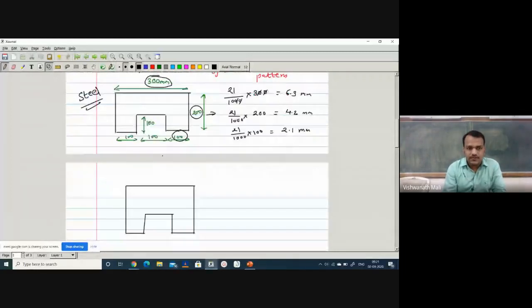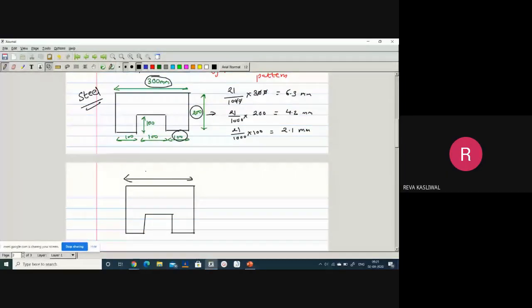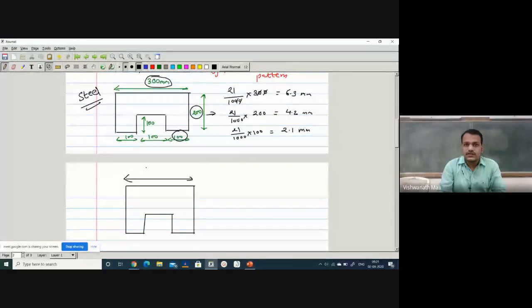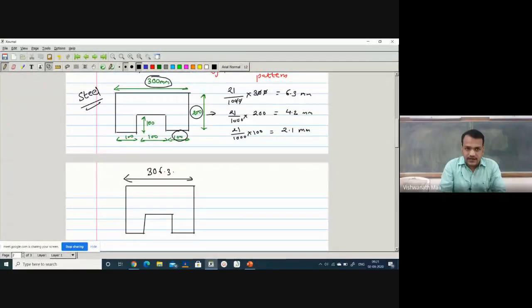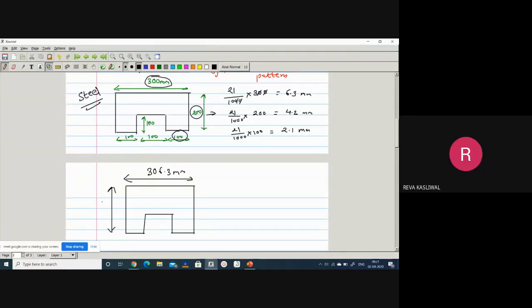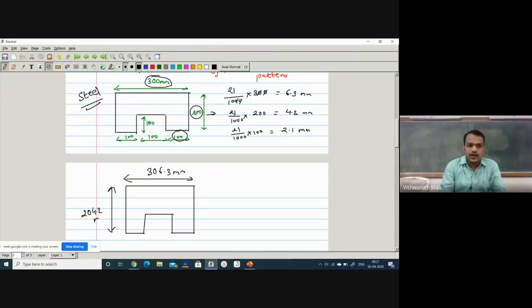Now what will be this dimension? Tell me the dimension here. 300 mm plus the allowance, 306.3 mm. Yes. Then what about this height? 204.2 mm. Right?